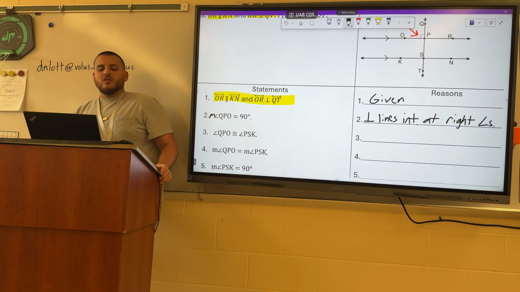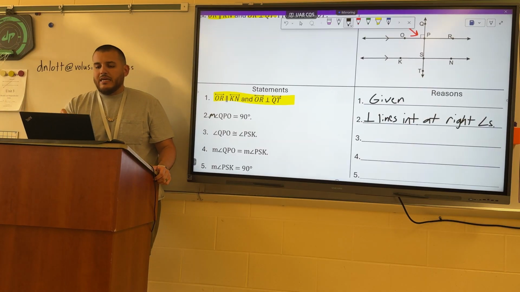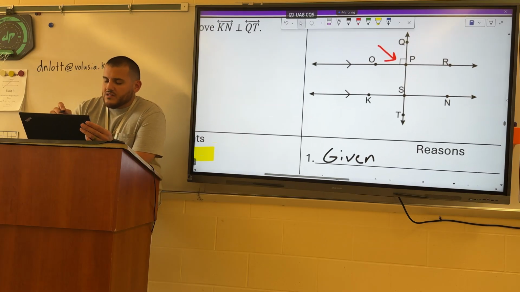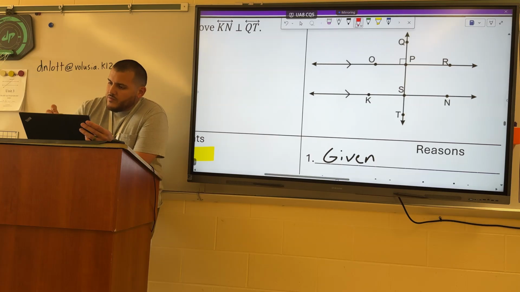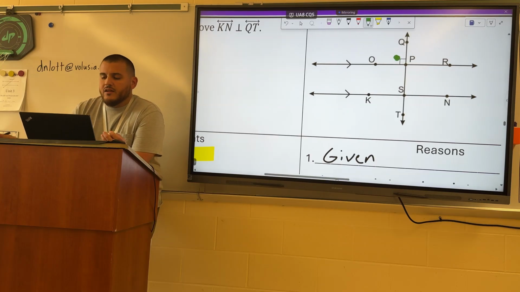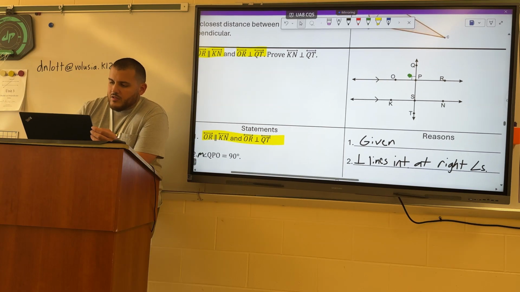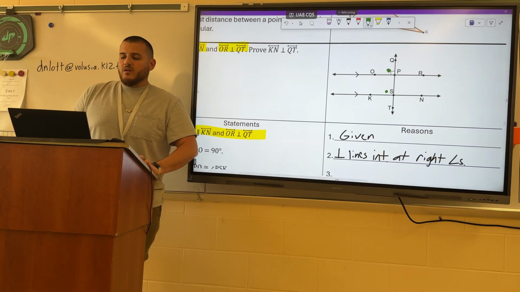Next, we're told that angle QPO is congruent to angle PSK. So let's find these on here. Angle QPO was our right angle. So angle QPO is that angle right there. The angle that we're told it's congruent to here in statement 3 is angle PSK, which is that angle right there. And this is an angle pair that we've learned about here in Unit 3.